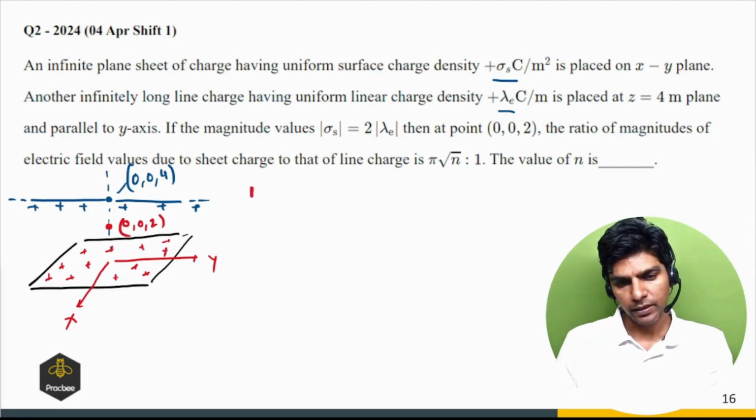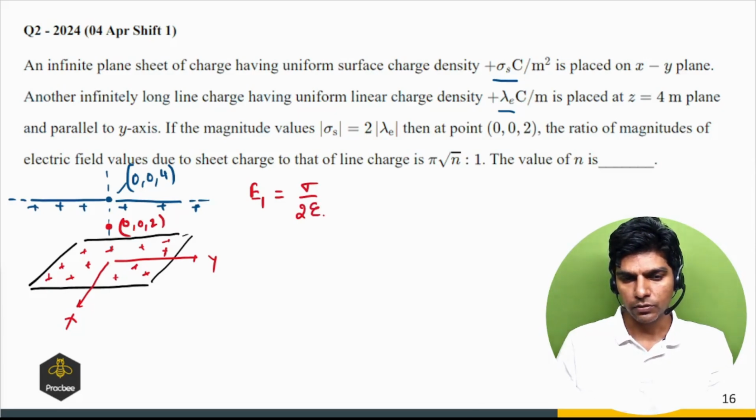Let us say E1 is the electric field by the infinite sheet, and that is given as sigma upon 2 epsilon naught, right? That is the formula of electric field by an infinite sheet, and sigma is given as sigma s.